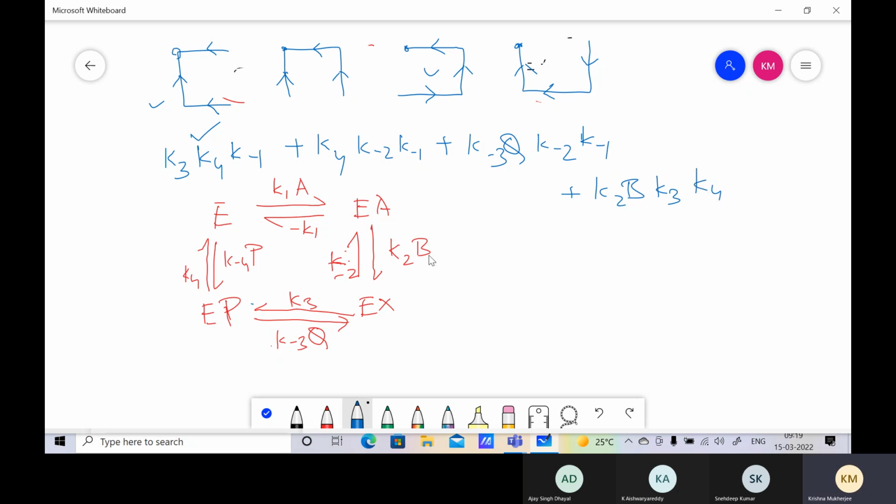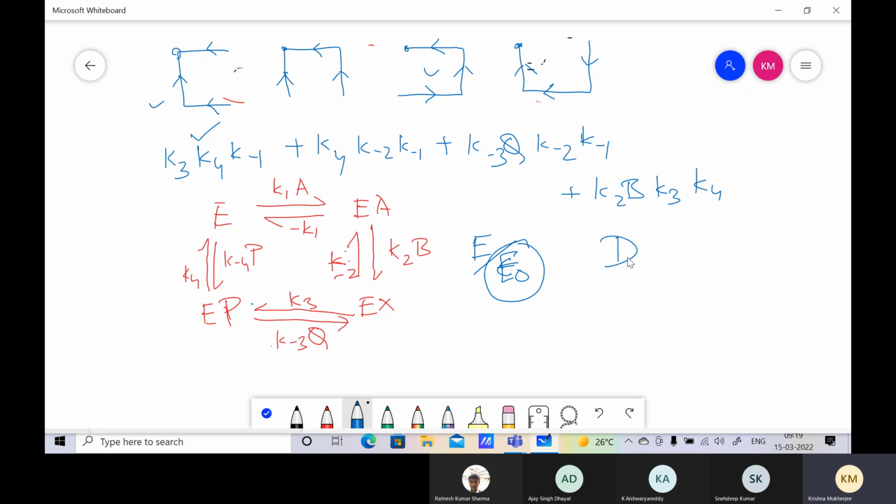So for this most complex situation, we actually have all these 4 reactions happening here, and similarly we find E. This E naught is the sum of all these terms here. So I will call them D, the denominator, right?